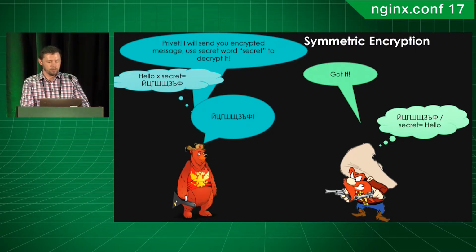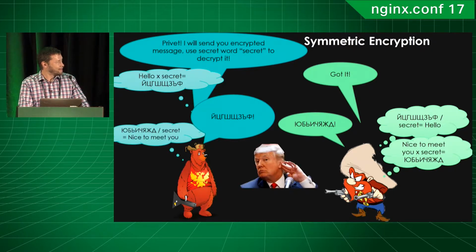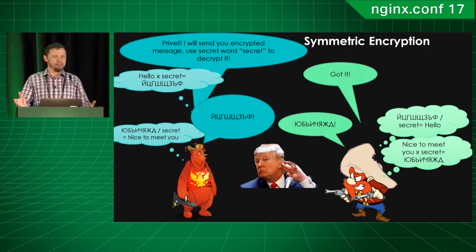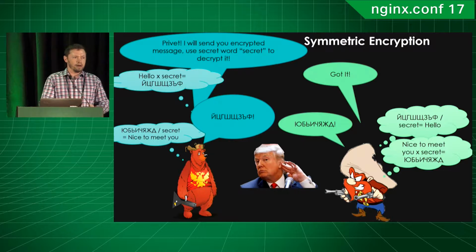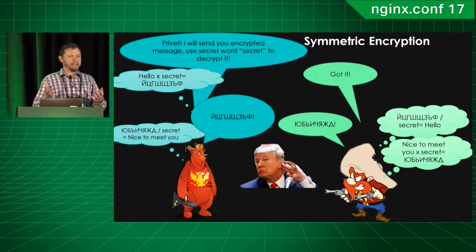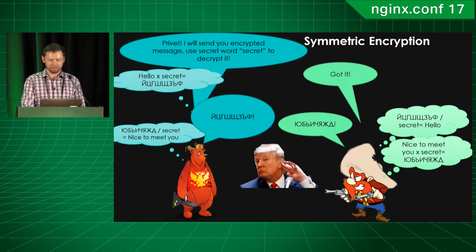But if you got the beginning of the conversation, you know what is happening, what they're talking about, and you can decrypt the whole contents of the conversation. So symmetric encryption is fast. But it's basically obfuscation, because it's really easy to intercept the private key, the secret key, and decrypt the information.